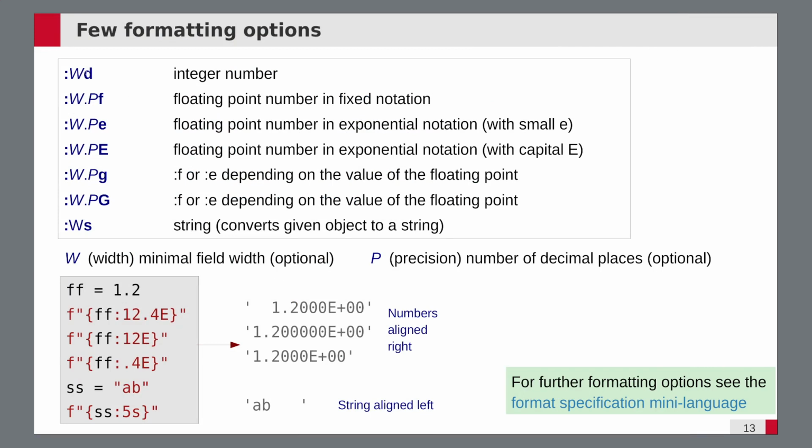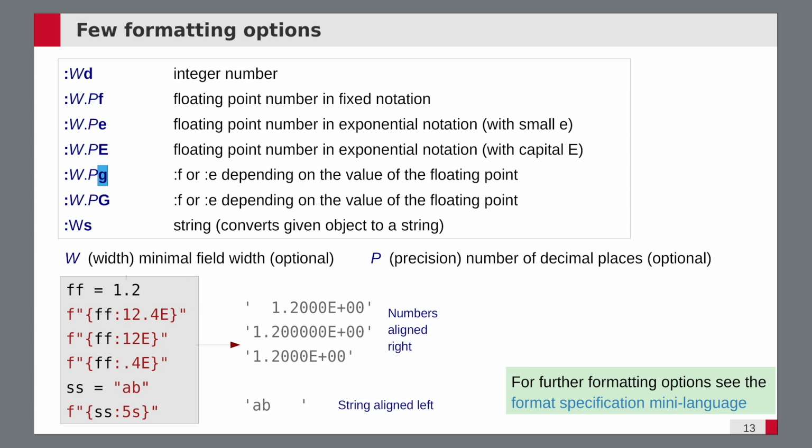The most important ones: we will deal with integers when you write a d, a fixed floating point number with f, an e for exponential notation with a small e as a separator, or with capital E as a separator. And maybe it could be interesting for you to have the g formatter, which is a nice thing, which changes between fixed and exponential notation depending on the value.